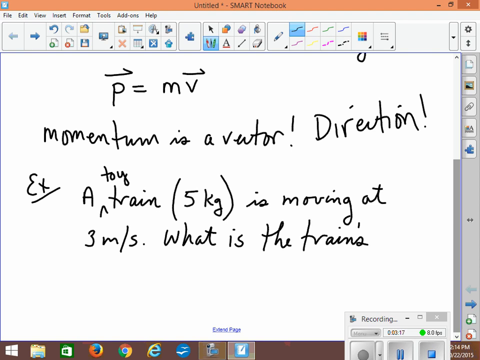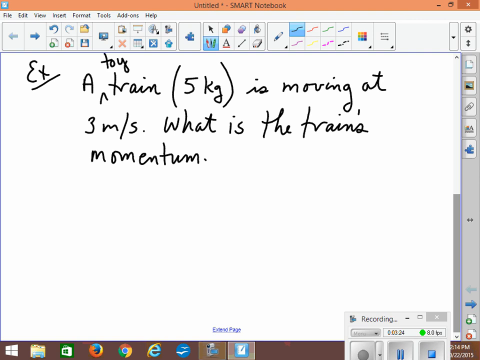And we can do this as a plug and play type problem. We know that momentum is equal to mass times velocity. I'm not going to put in the little vector arrows every time because it just clutters up the board and wastes a little bit of time. But we all remember that momentum is a vector.